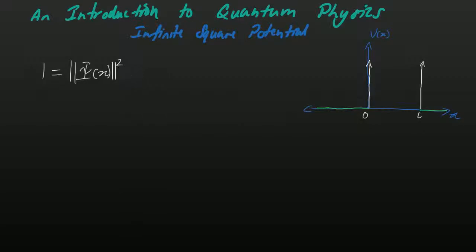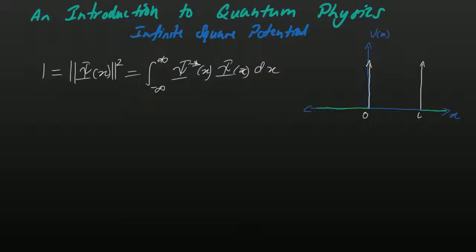So this norm squared equals the integral from negative infinity to infinity of the complex conjugate of our wave function times the wave function. Since this is only in the x direction, that's dx. If it was all space in all directions, I'd write it with something like tau, or maybe the r vector.